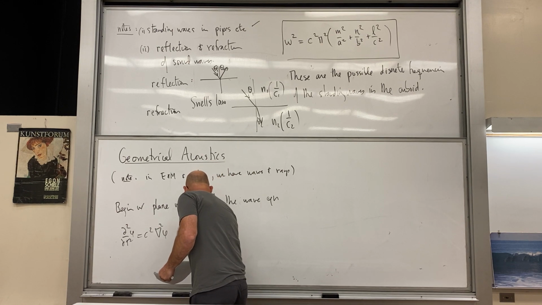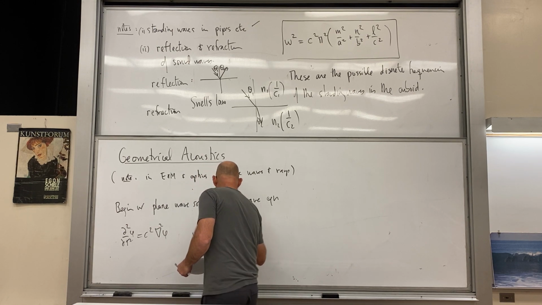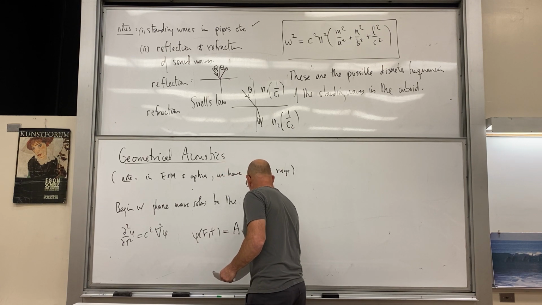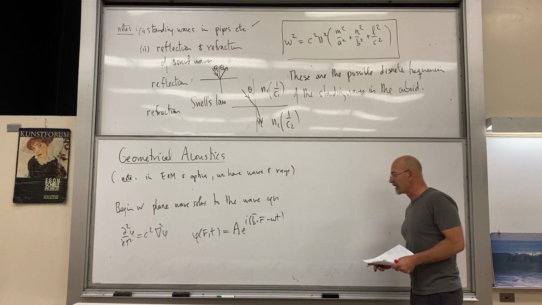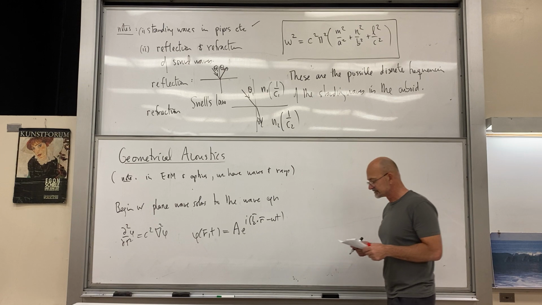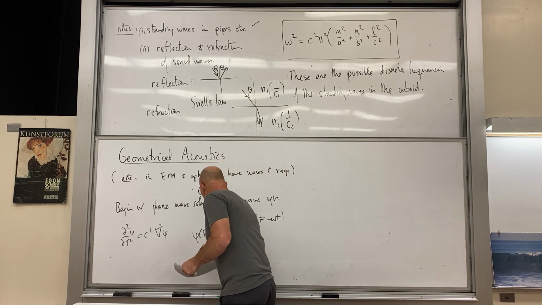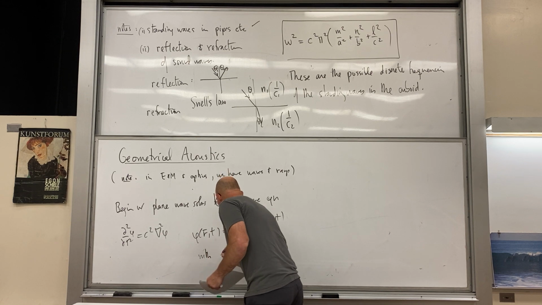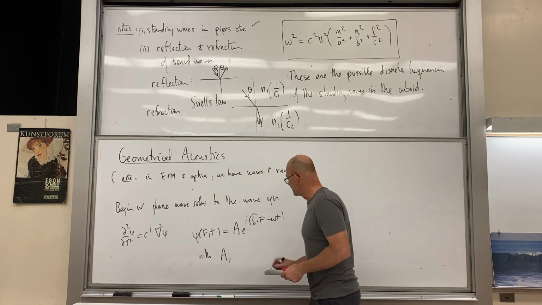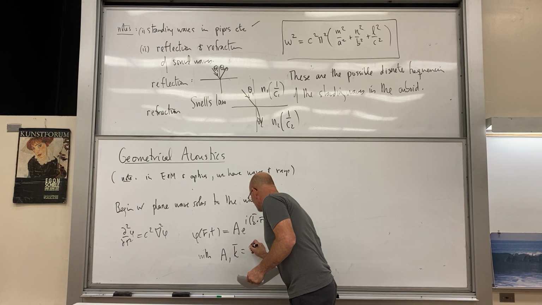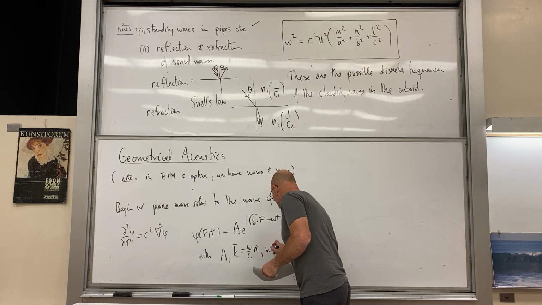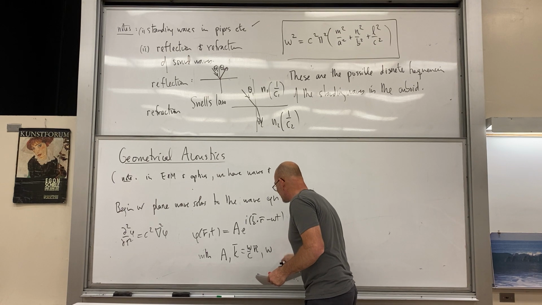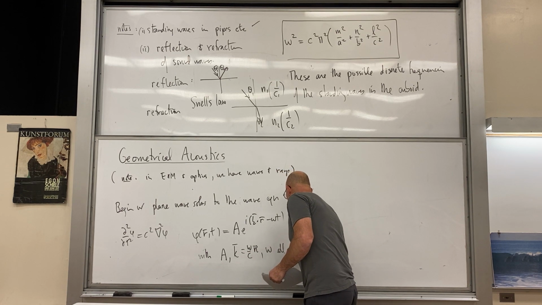You know the solution, phi of r and t equals A e to the i(k dot r minus omega t). That's a monochromatic wave pointing in one particular direction. And thus far, A has been constant, k equals omega over c, k has been constant, and omega itself has been constant. So A, k, omega, all constant.